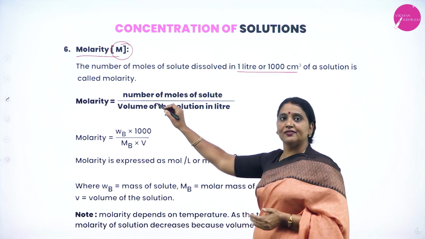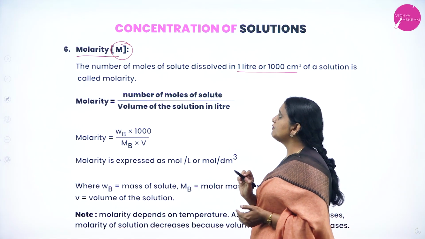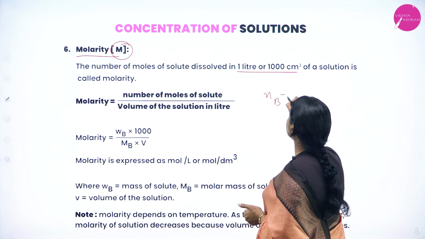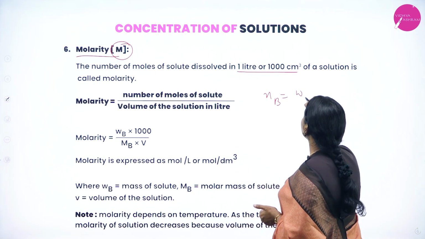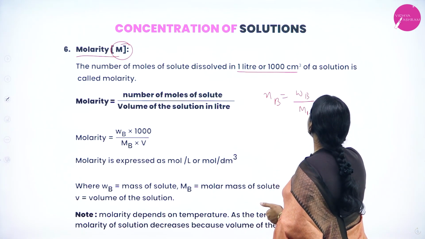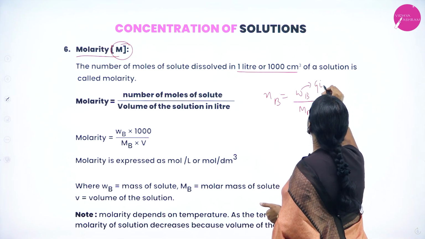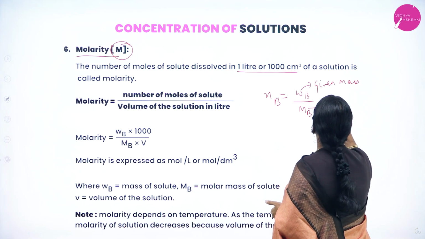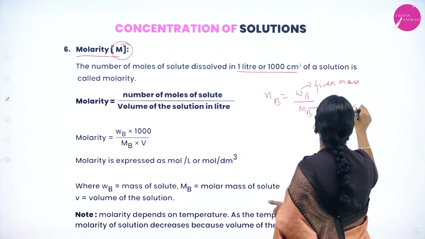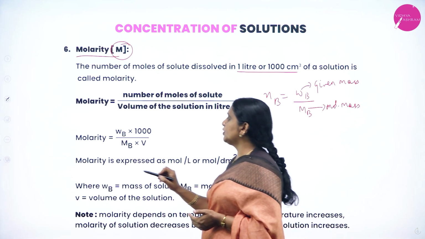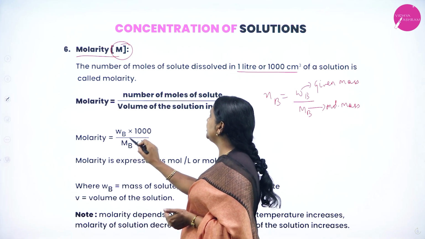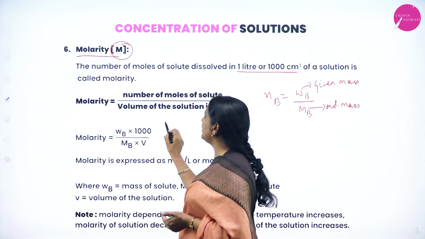Number of moles of solute NB is given by WB divided by MB. W is given mass and M is molecular mass. Therefore, molarity is equal to WB divided by MB into 1000 divided by V.